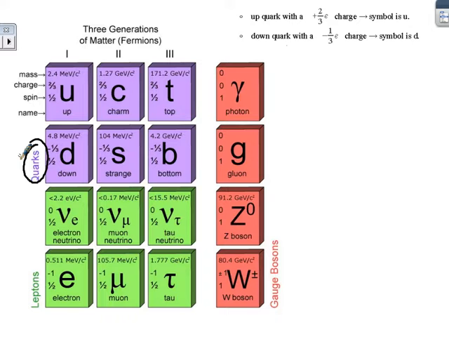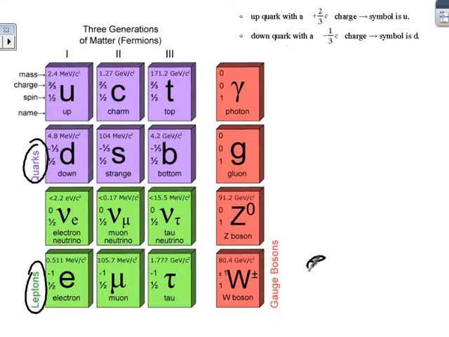You'll notice an electron here is a lepton. These leptons are still kind of the smallest bits. And then there's the antiparticles for all of these as well. So for an example, there's an electron. It has a charge of -1.